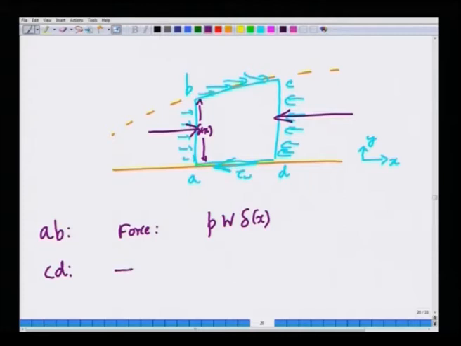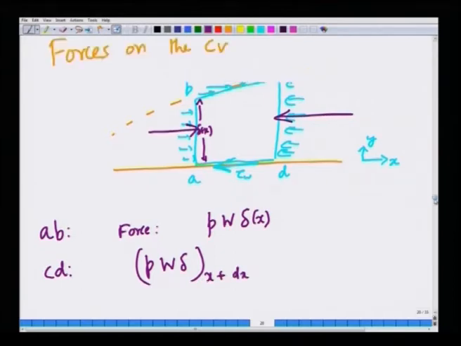So, the force is minus, after doing a Taylor expansion, P plus partial P by partial x dx. Let me write all the steps for clarity: it is P W times delta, at x plus dx.